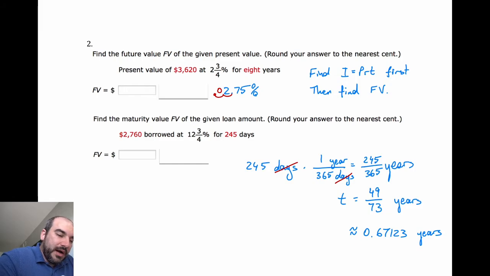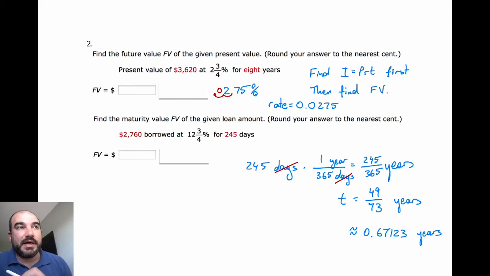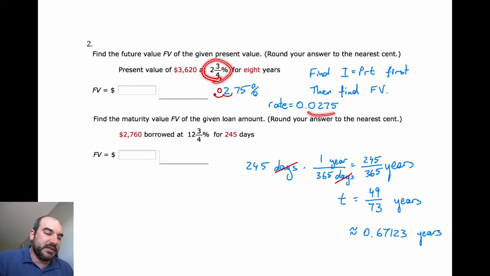So our rate here would be 0.0275 as a decimal number, right? So 2 3/4% is going to turn into 0.0275.